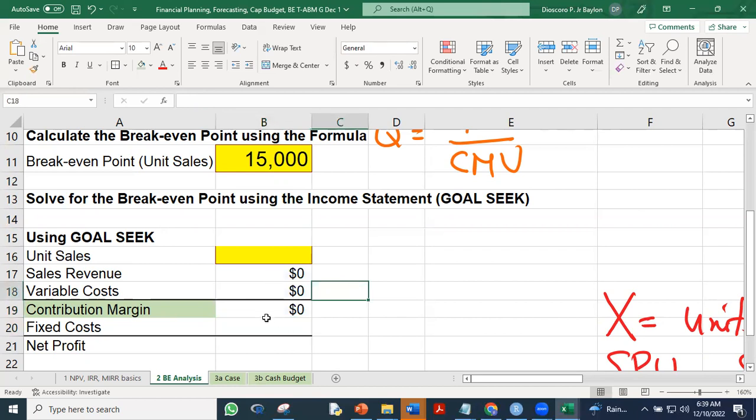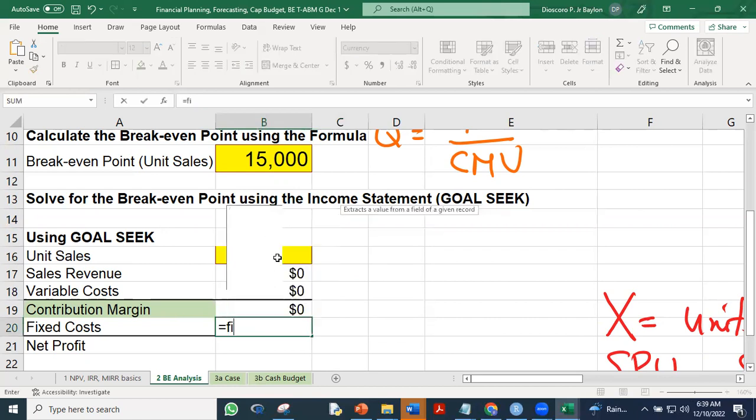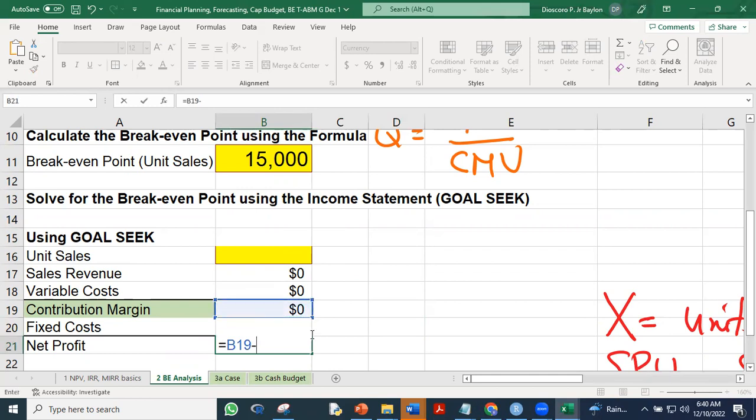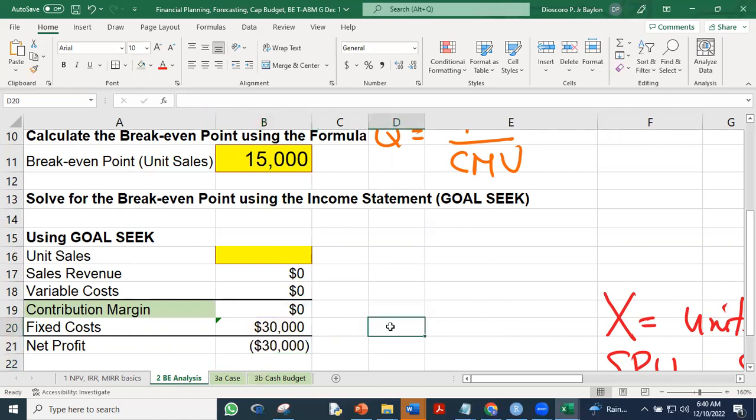We're getting 0 as of the moment because we don't have the level of sales yet. We can now link this to our fixed cost. So our net profit will be equal to your contribution margin minus your fixed cost. We're getting a loss of 30,000 because we don't have the units yet.